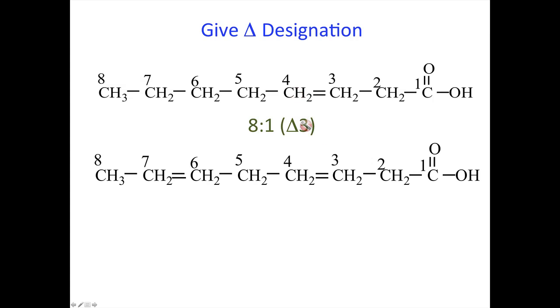But we don't put the 4, we just put the first number, the smallest number of the two carbons where the double bond is. So the double bond, if you look at the structure, is between carbon 3 and carbon 4. So again, to recap, 8 carbon atoms, 1 double bond, and it's between carbons 3 and 4. So if you didn't get this one correct initially, that's fine.